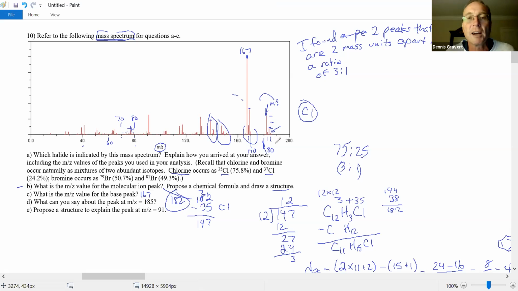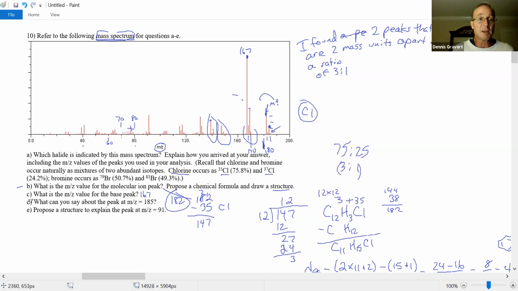Okay, what do we know about it? We're looking at structure. We're looking at elements present. Well, okay, the parent is right here. That had the chlorine in it. And then its twin, the other parent peak with the higher isotope, chlorine 37, is right here. And we're 1 mass unit heavier than that. Well, how could it be heavier than the parent? It also has to have an isotope.